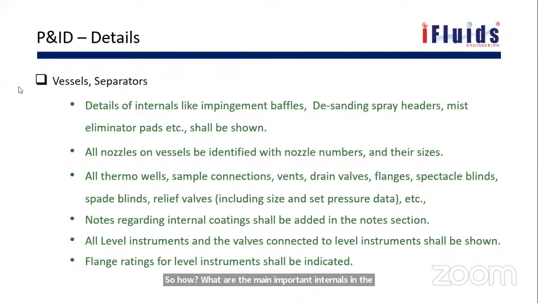Nozzles will be clearly shown: inlet, outlet, drain, vent nozzles, thermowells, sample connections from where the sample will be drawn for analyzing, vents, drain valves, flanges, spectacle blinds, relief valves, including the size and set pressure, that we'll see later. Notes regarding internal coatings: if there are any special paint or coatings to be given, that will be given in notes. All the level instruments will be shown.